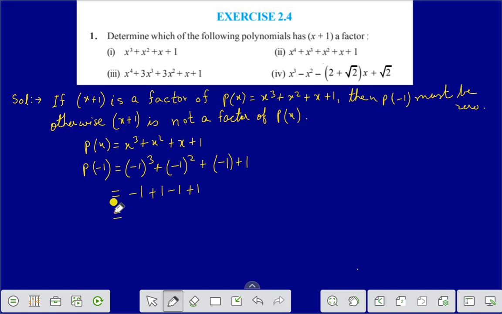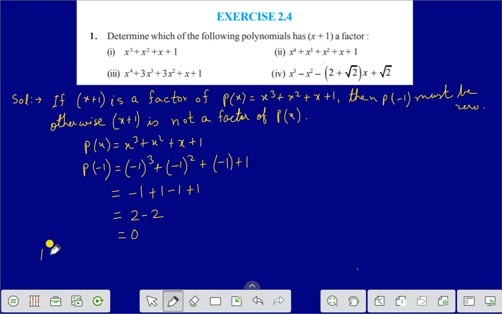That means we are getting -1 plus 1, then 1 plus 1 is 2, and 2 minus 2 is equal to 0. We are getting p(-1) is 0.